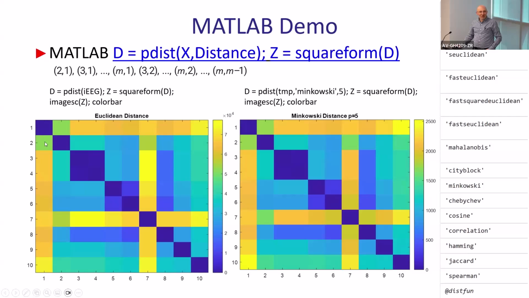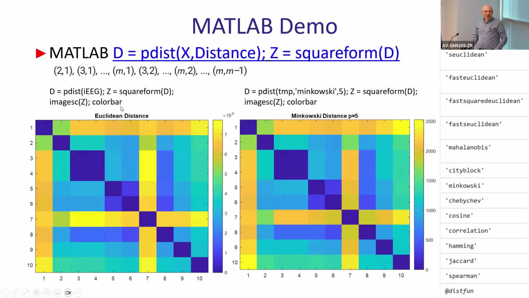This is between vector 2 and vector 1. And obviously, this matrix is symmetrical, which means it has the same values if you flip it over the main diagonal. The transpose of that matrix equals the matrix itself. Because by definition of distances, the distance from vector 5 to vector 7 is the same as the distance from 7 to 5. So it doesn't matter in which order you compute the distances. All distances satisfy that rule.